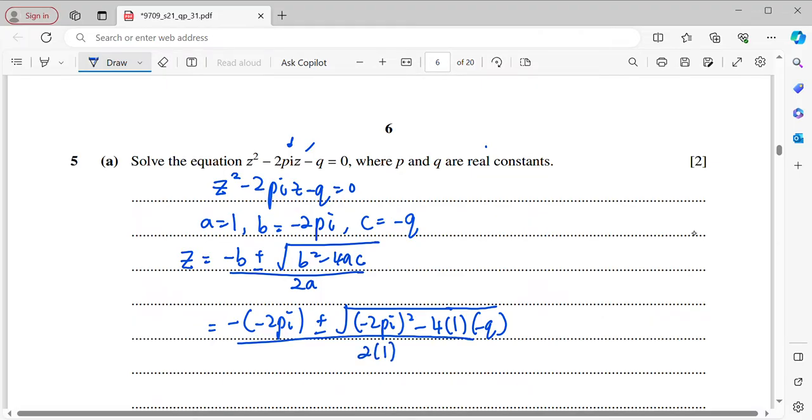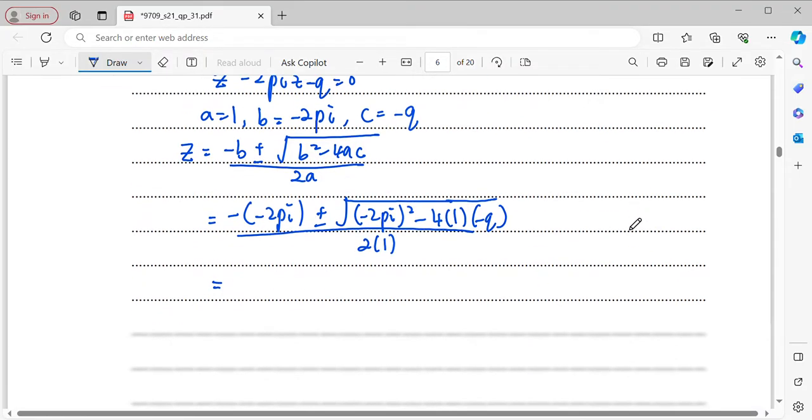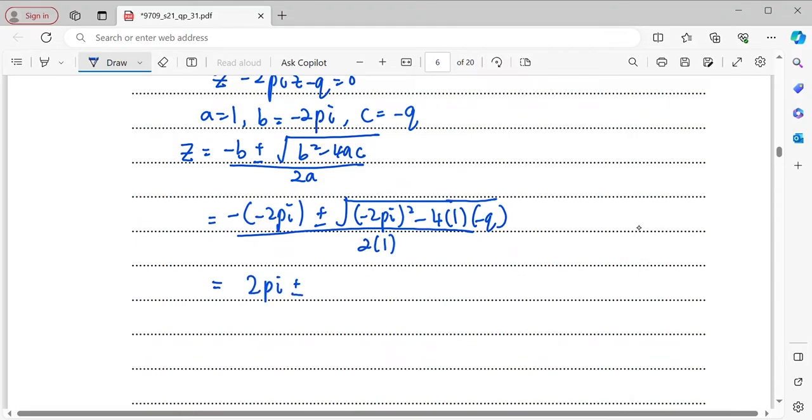A is 1. Now when we simplify, the first term becomes a positive value, which is 2pi. Then plus minus the square root of: negative 2 squared becomes 4, then pi squared becomes p squared i squared, and then minus minus is a plus, ending up with plus 4q, divided by 2.